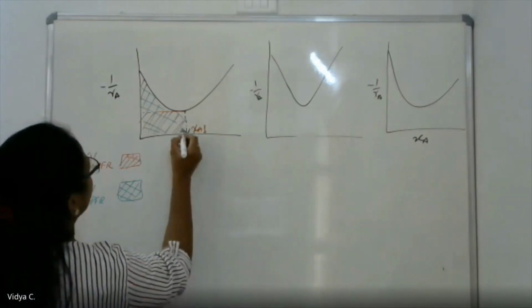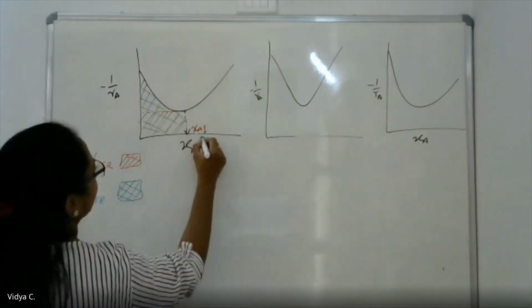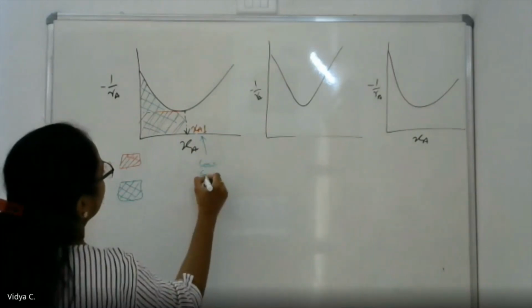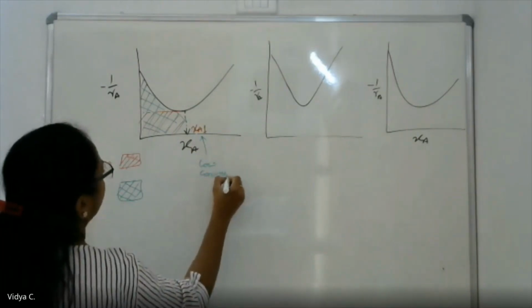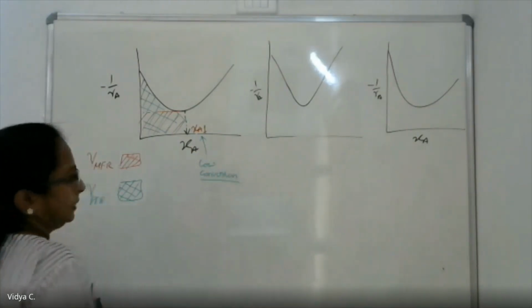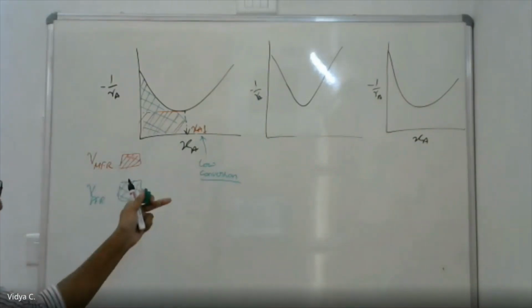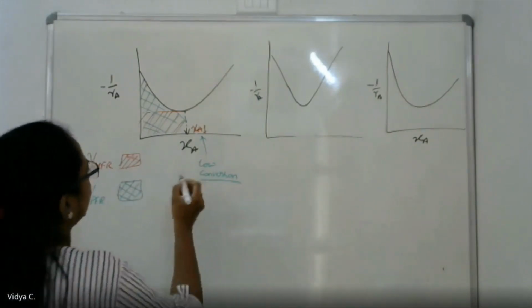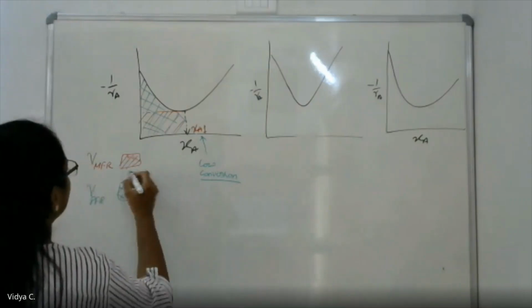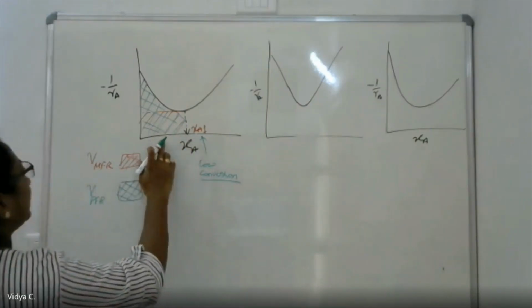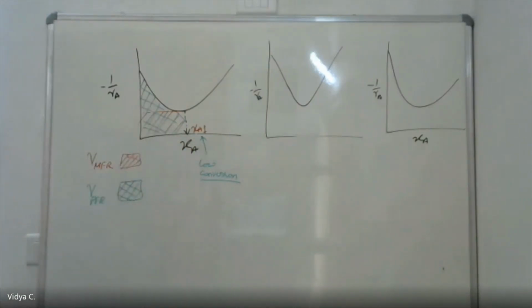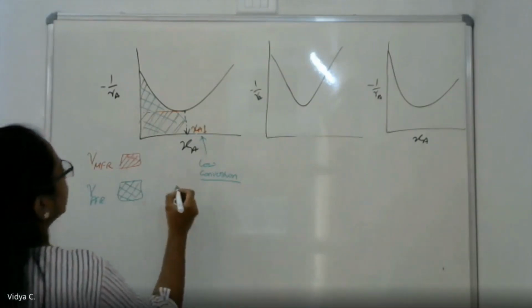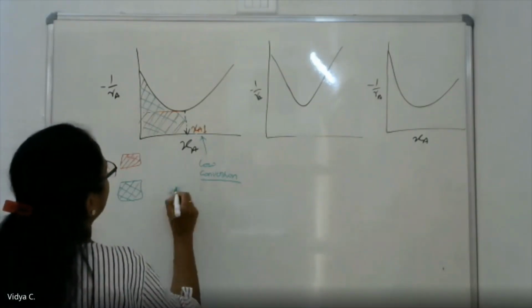This is when conversion is low. See here, XAF is very low. I had also told this in the beginning of today's class. So at low conversion, which is better? Here, the volume of MFR required is lesser compared to the volume of PFR.